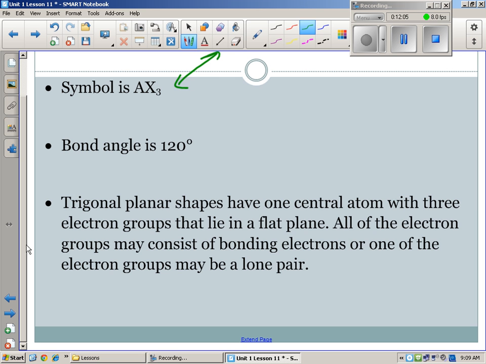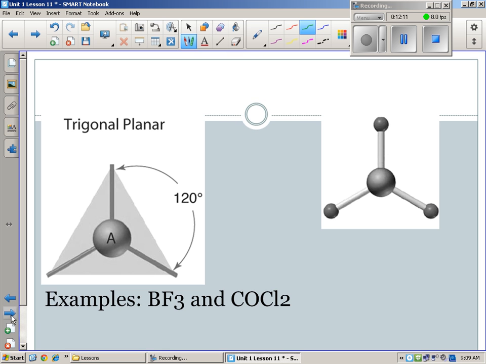All of the electron groups may consist of bonding electrons or lone pairs. We'll talk about that in a sec. Have your central atom with 3 bonded to it, so it looks like that. That's an X there.